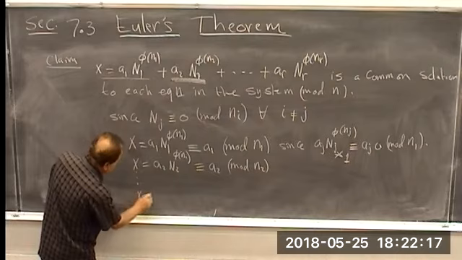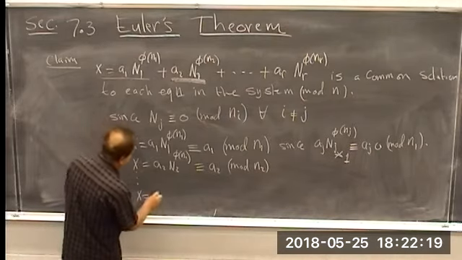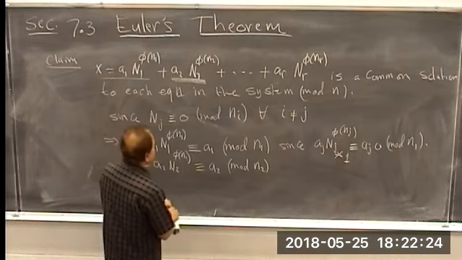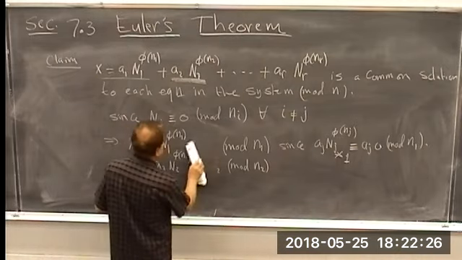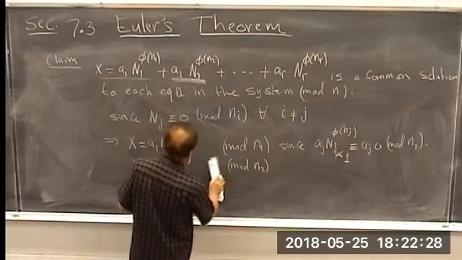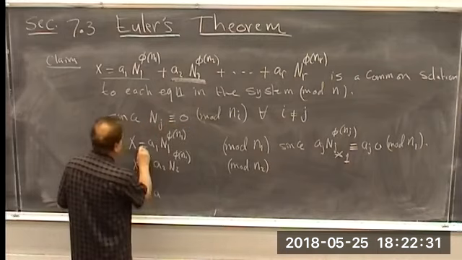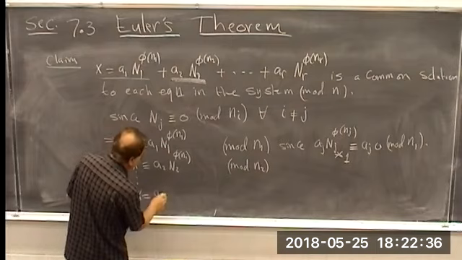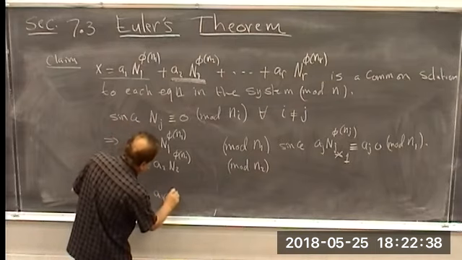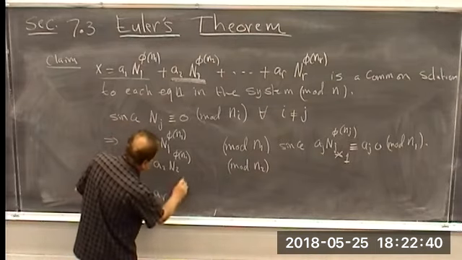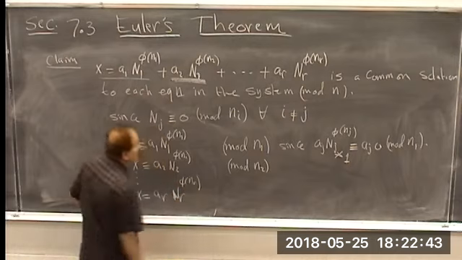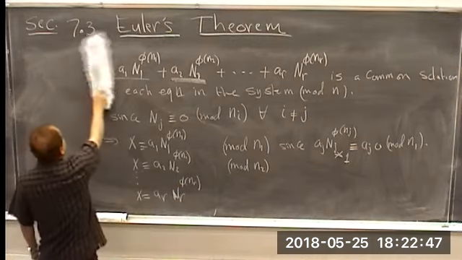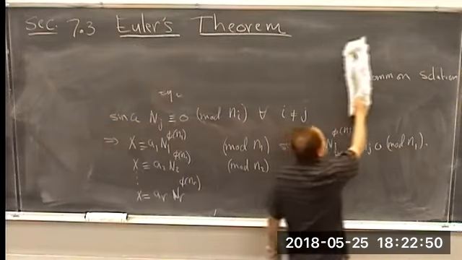So we now need to use Euler's theorem, with phi of n sub r. But there is one other thing.